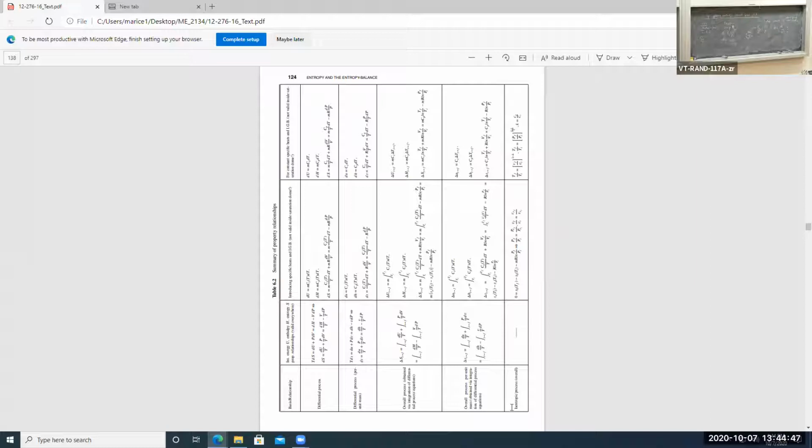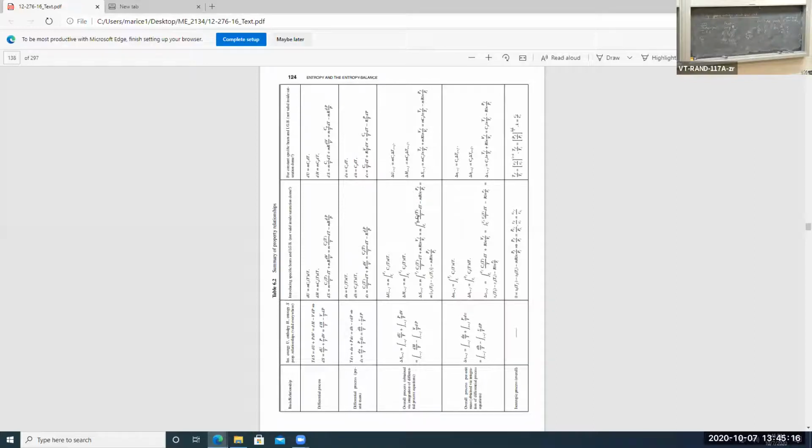I have isentropic processes overall. So here we have equations for variable specific heat, constant specific heat property relationships. And so here are the PR and VR equations, okay? So it just reminds you, condensing what we've done today.